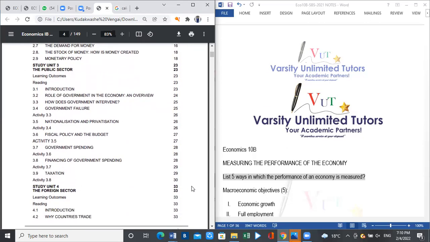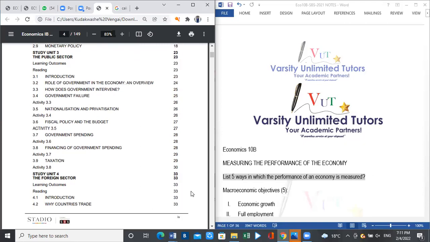Then the third unit deals with the public sector, whereby we are required to just have an understanding of how the public sector operates. We'll be looking at various government operations. And in particular, we'll be talking about what is referred to as fiscal policy. And when you're looking at the monetary side, you're looking at the monetary policy.